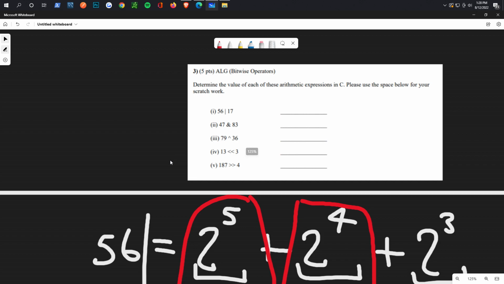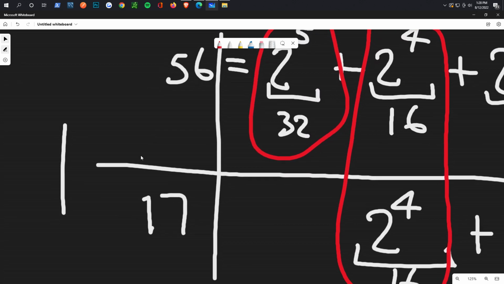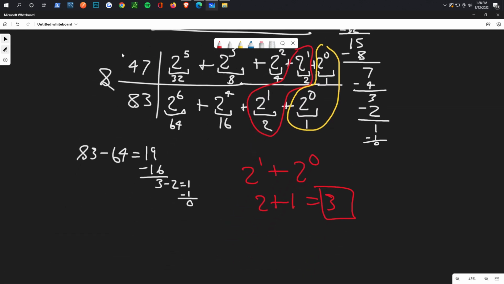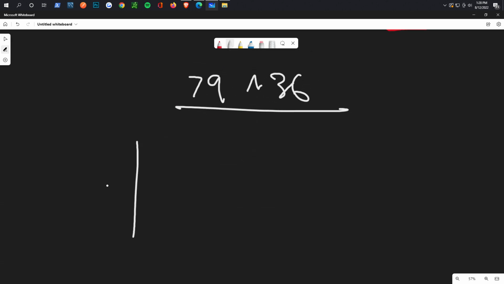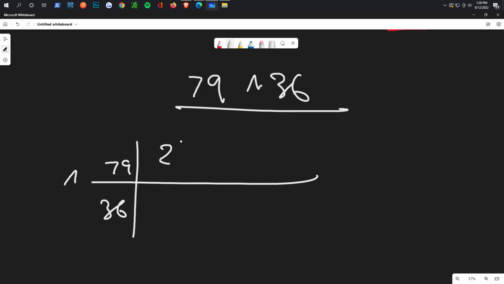We have 79 XOR 36. So the biggest one that we can fit in is 2 to the 6. And at this point, I'm just going to go through it.